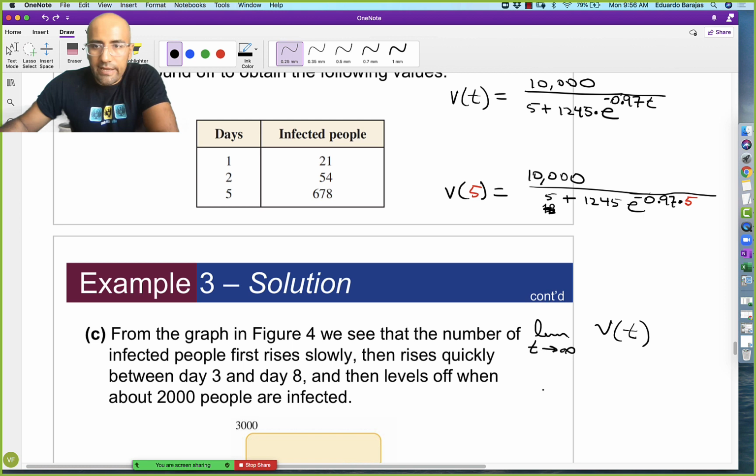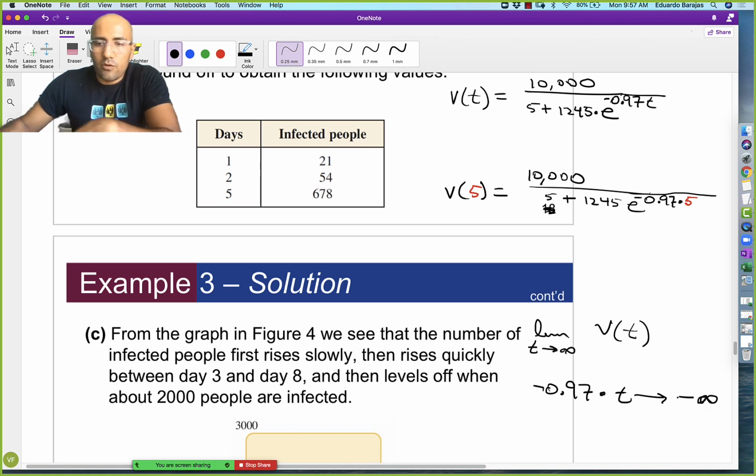I'm just kind of breaking it down. Negative 0.97 times t. Then as t goes out to positive infinity, it's getting bigger and bigger, multiplying a really big positive number times negative 0.97, this thing is going to head toward negative infinity. Good.